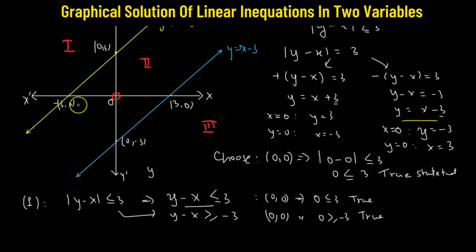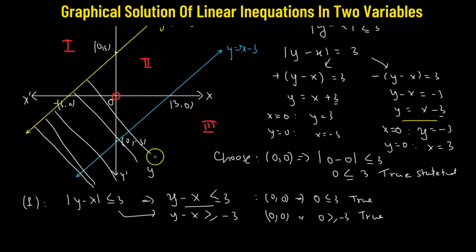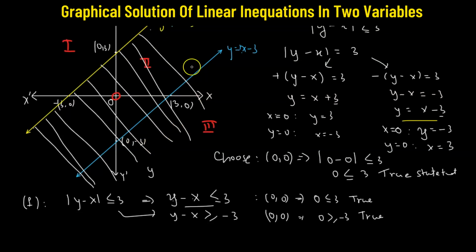So for the first case, for the line y minus x equals 3, we say that its solution is going to lie below the line y equals x plus 3. Right? So this is one solution. And then for the second inequality, we have y minus x greater than or equal to negative 3. So this is the line which corresponds to y minus x equals negative 3.